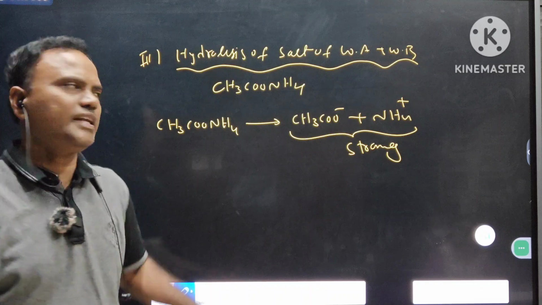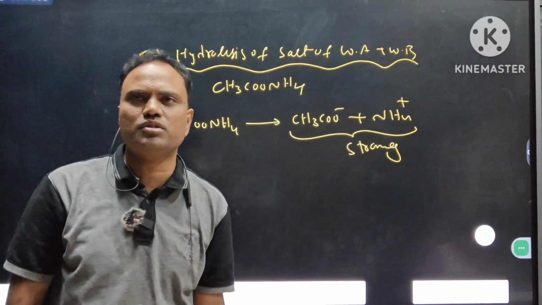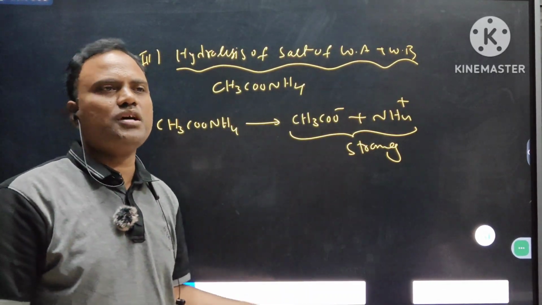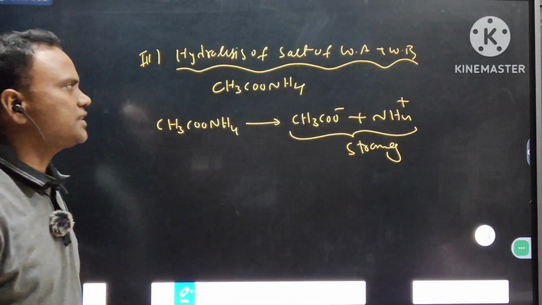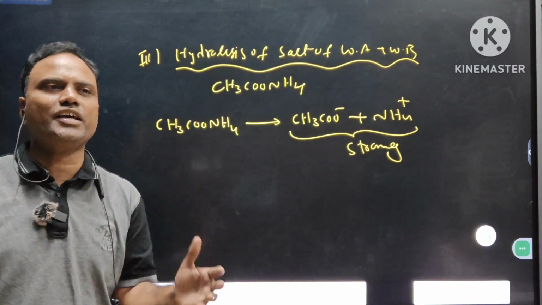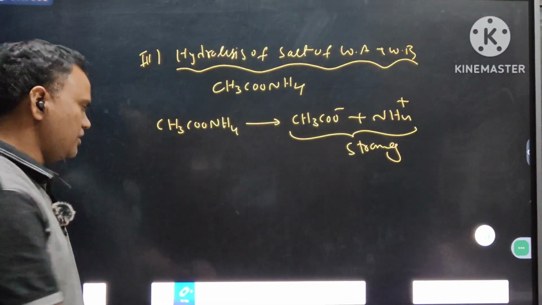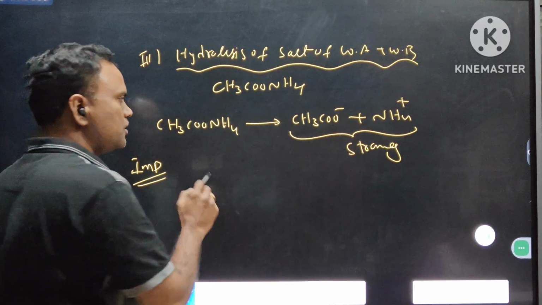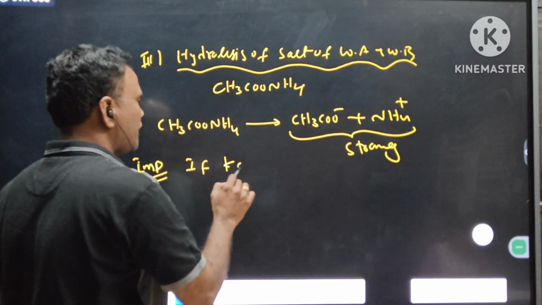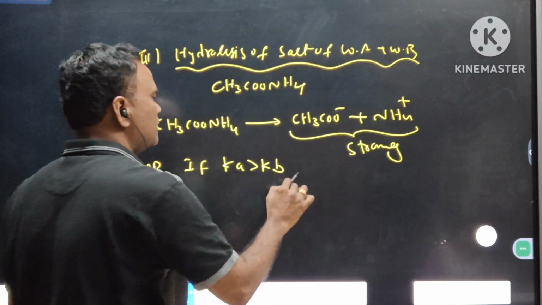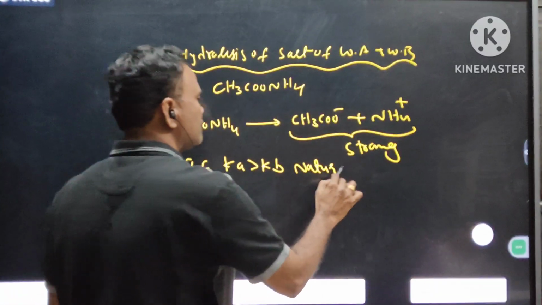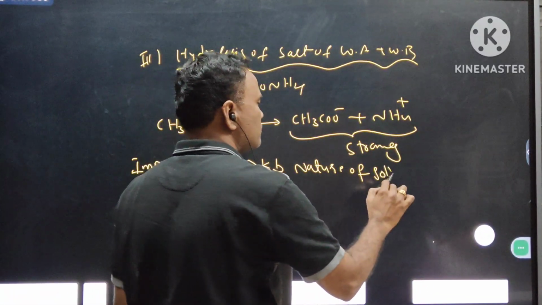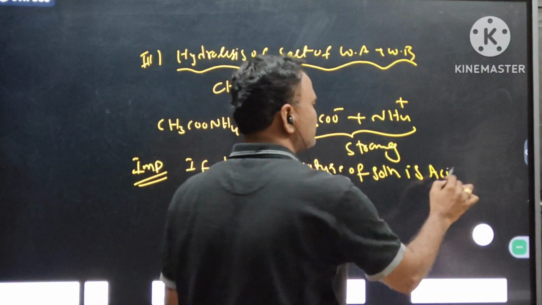If one is strong, we take that only and add water to it and we will get free H plus or OH minus ions. In this case, based on the Ka, Kb data, we will predict. Very, very important theoretical question. If Ka is greater than Kb, the nature of the solution is acidic.